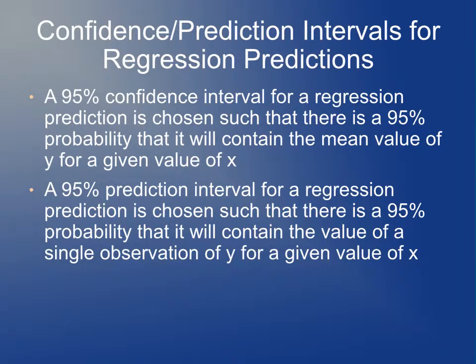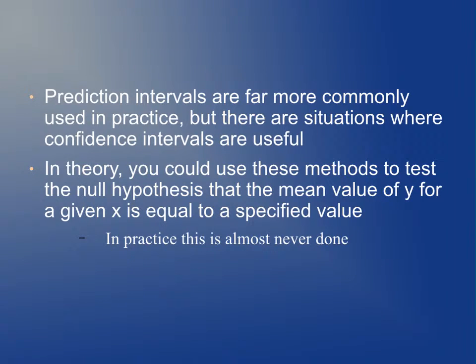And you can also calculate confidence intervals or prediction intervals for regression predictions. A confidence interval for a regression prediction is chosen such that there's a 95% probability that it will contain the mean value of y for a given x, and a 95% prediction interval is chosen such that there's a 95% probability that it will contain the value of a single observation of y given a value of x. Most of the time in practice you'll use prediction intervals, but occasionally you'll want a confidence interval.